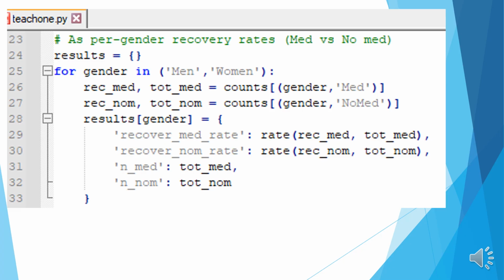This gives a tuple with the count recovered with medication and the total number who took the medication for that gender. The recovered_med and total_med variables store the results respectively for these two. Line 29 of the code calculates the rate for the same, and line 31 counts the number of people with medication.